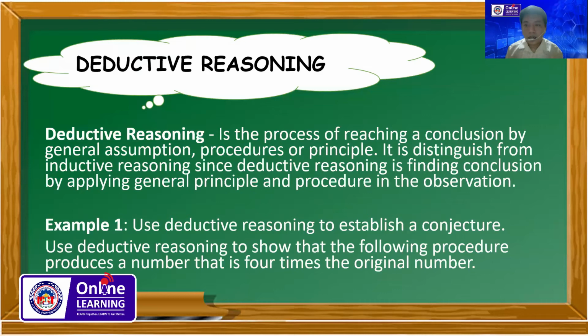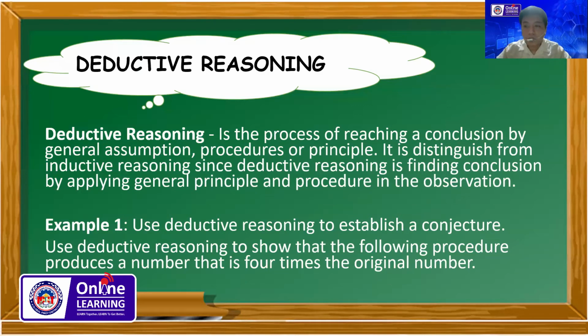Meaning, we come up first with the general argument going to a specific conclusion, and that leads us into logical truth, or simply a realistic truth. So that is deductive reasoning. Again, we come up first with a general argument going to a specific conclusion.